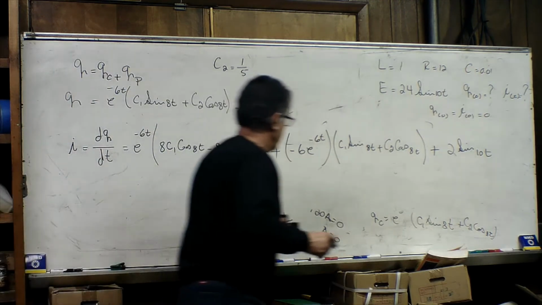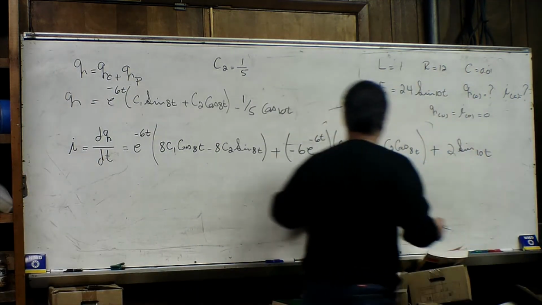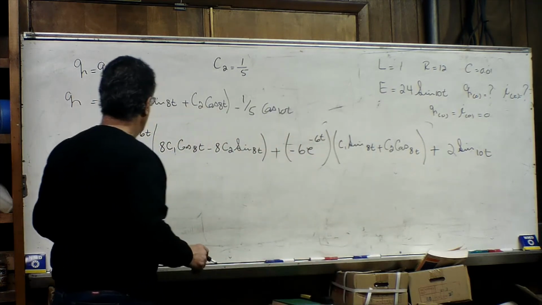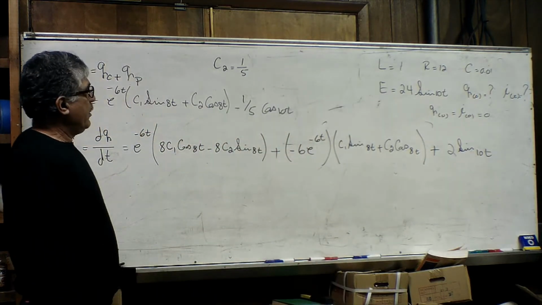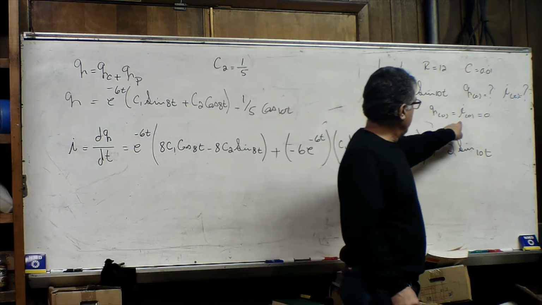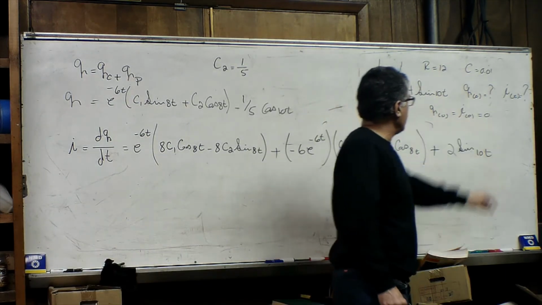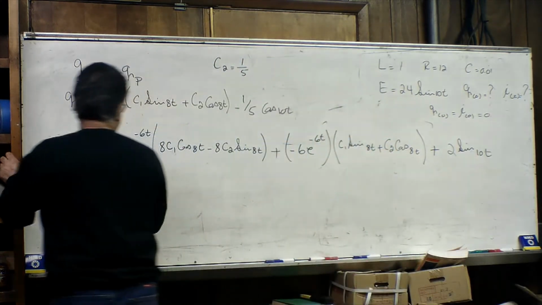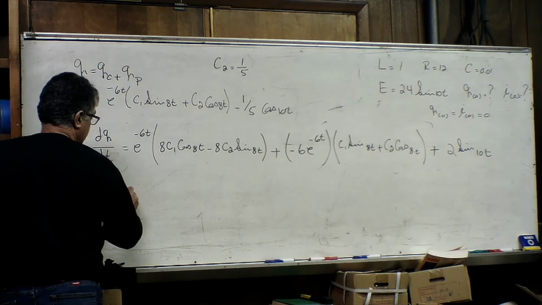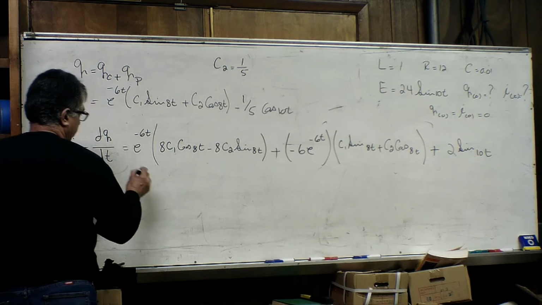Now, in here, if we apply the initial condition, our current when time is 0 is equal to 0. So this is our current, and our current at time 0 will be equal to 0. So let's see.